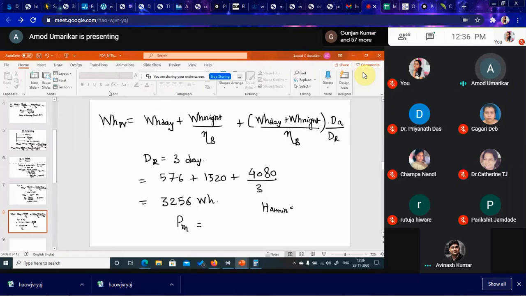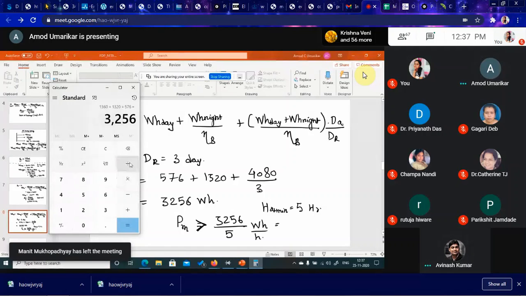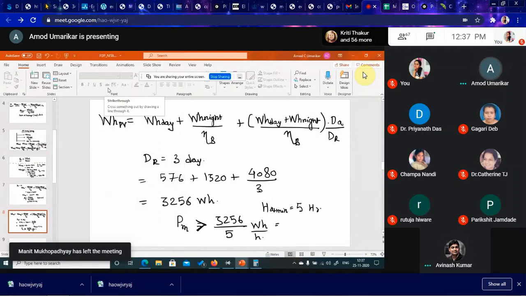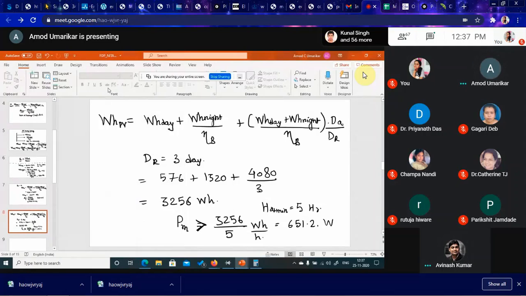So let's say H at min is 5 hours. Then what will be the PM? It should be greater than 3256 upon 5, watt hour upon hour. So this will be 651.2 minimum watt.